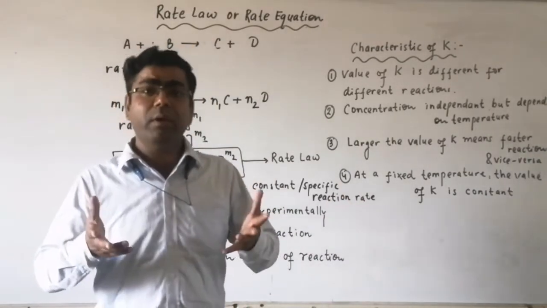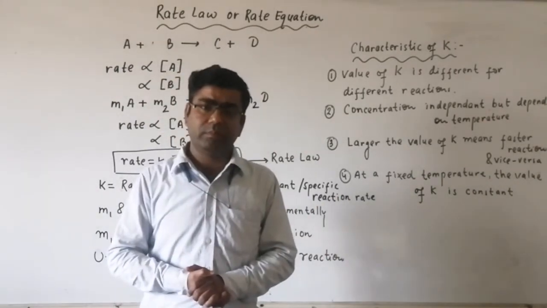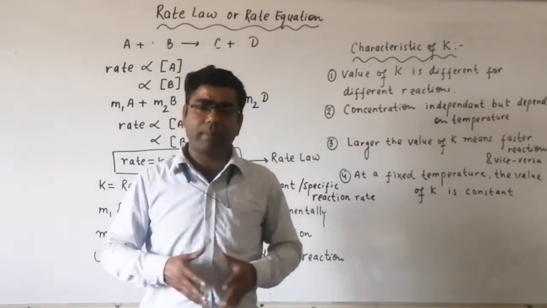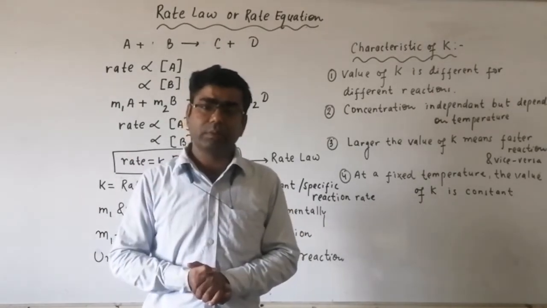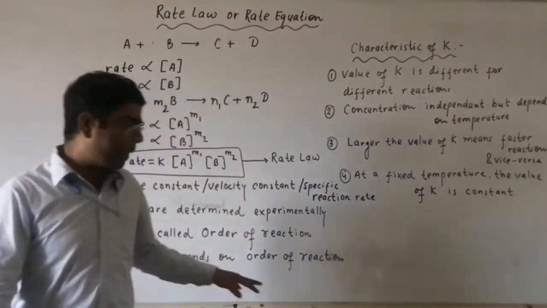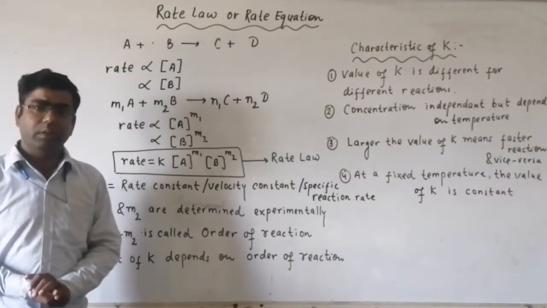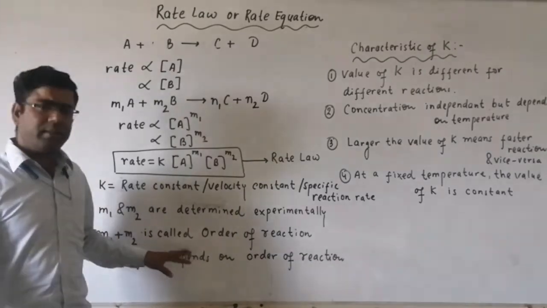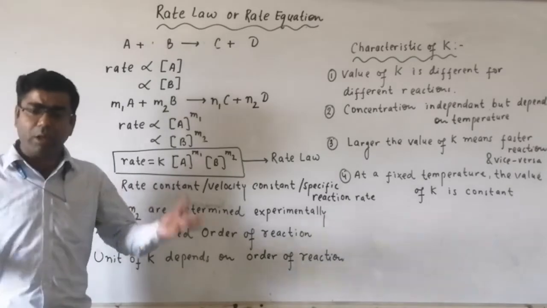Or it can have fractional value also, 1.5. That we will talk in our next lecture. So unit of K depends on order of reaction. If it is zero order, its unit is different than first order, different than second order.